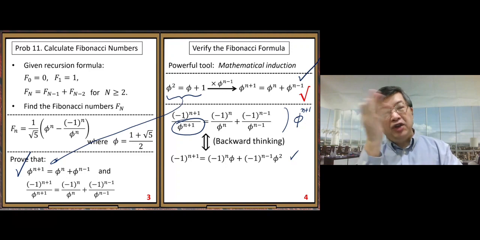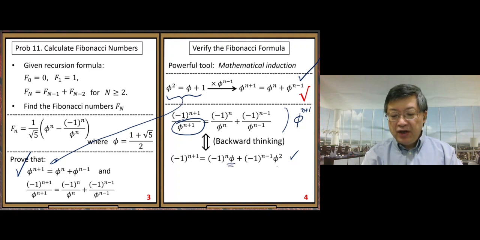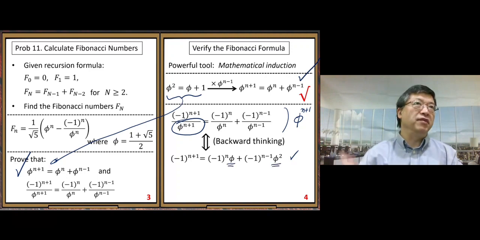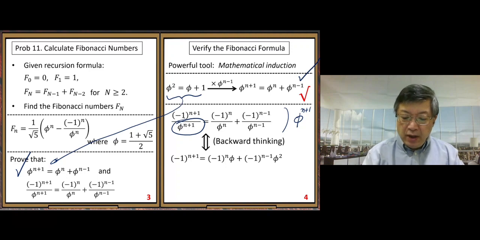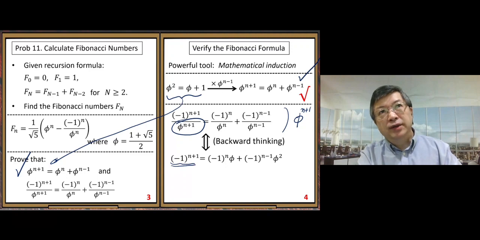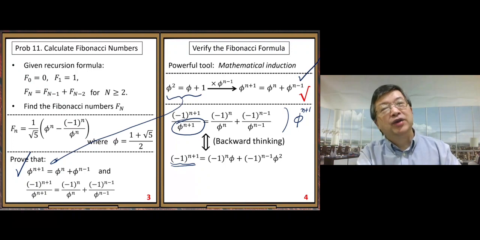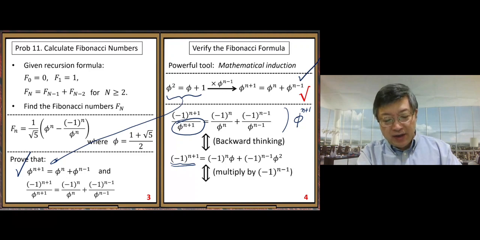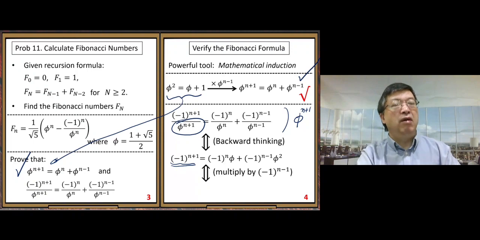Left-hand side, the denominator is gone. Right-hand side, first term, you have a phi. Second term, you have phi squared. That simple. Okay? So that is backward thinking. But after that, we feel that negative 1 to a certain power is still pretty annoying, right? We want to remove it. So this time we multiply by negative 1 to the negative power.